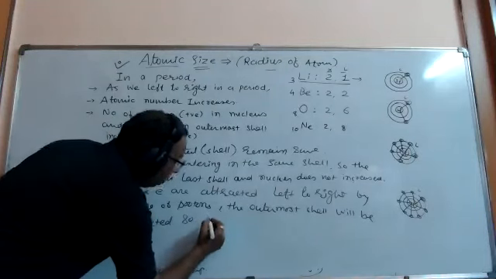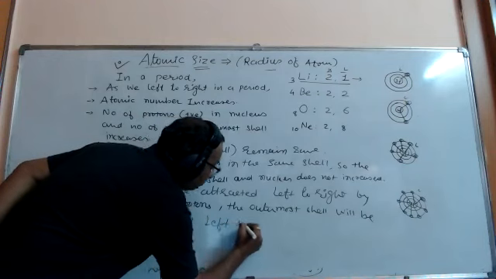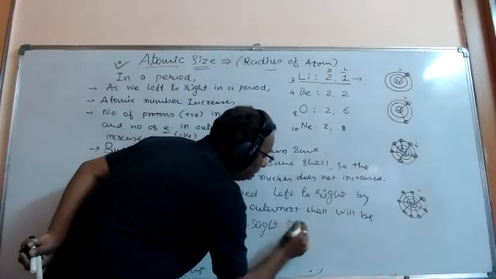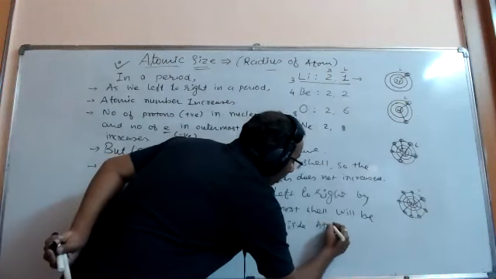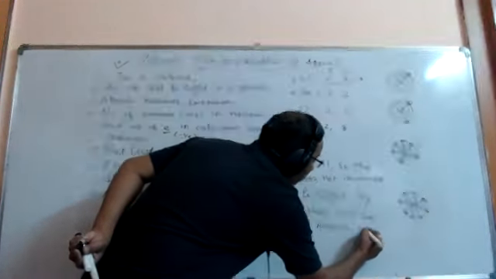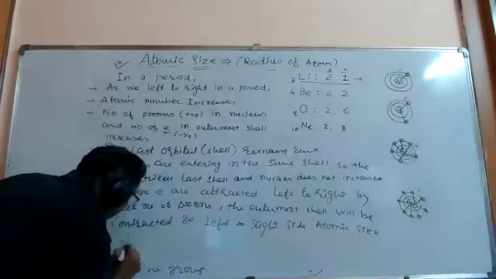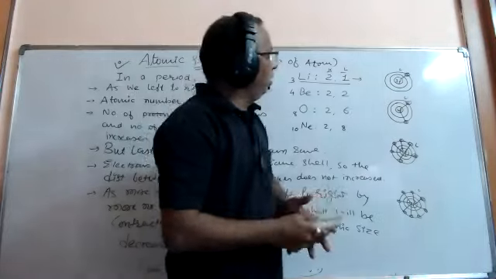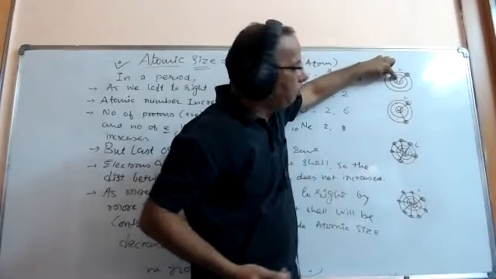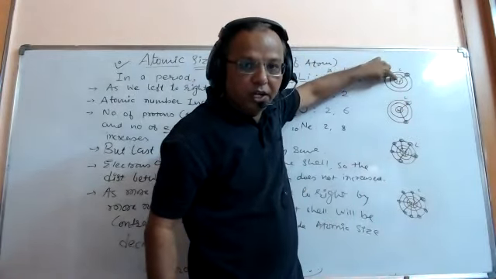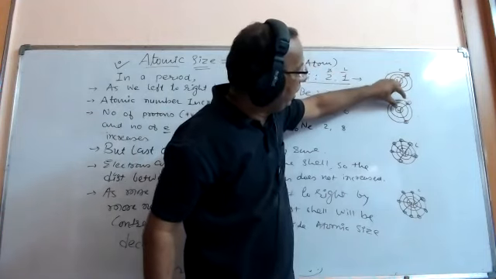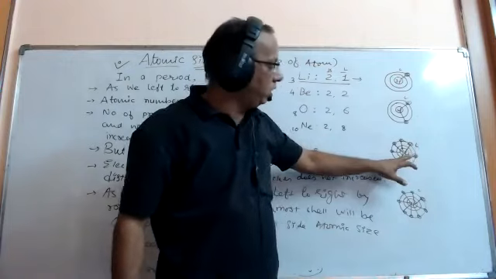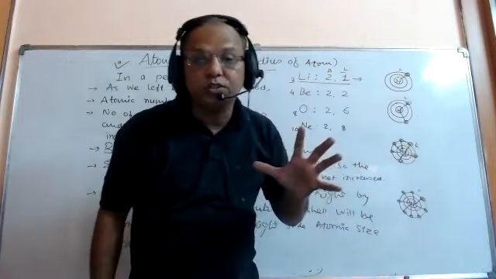So from left to right, atomic size decreases. You can see here one electron is attracted by one proton. For example, here lithium, here 2 electrons are attracted by the nucleus. Here a total of 6 electrons are attracted, and here 8 electrons are attracted.